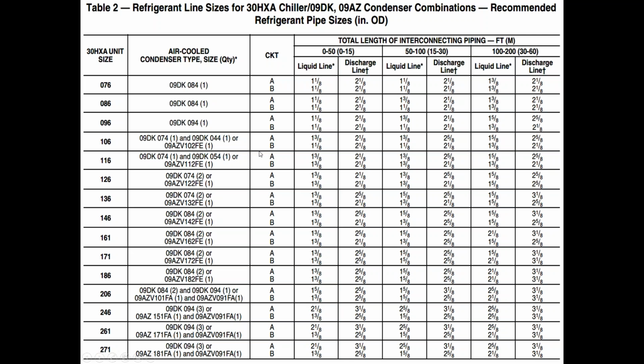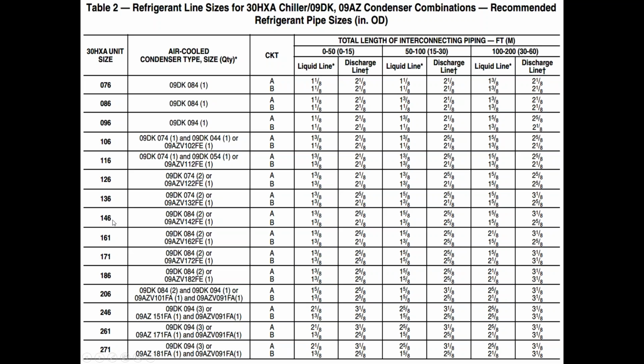So in sizing these liquid and discharge lines, it's just as simple as going into the sizing for the suction pipe. We need to look at what unit we have. In this case, I'm grabbing a 30HXA chiller, and let's go down to a 146 size.